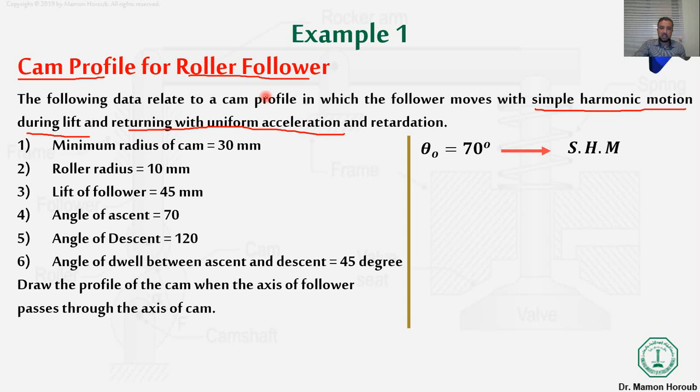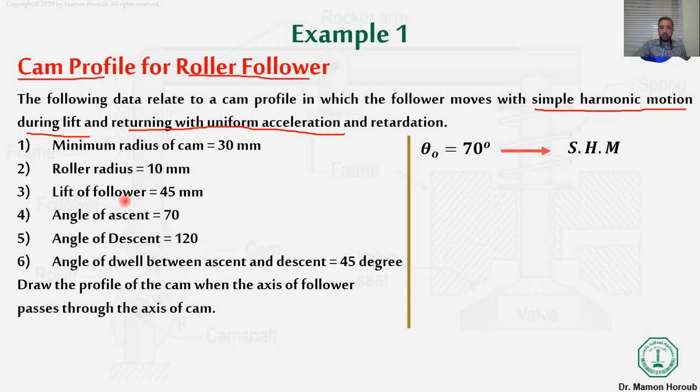So in its return, or the descent period, we will have a uniform acceleration, or what we call retardation. We have different data: the minimum radius of the cam is 30 millimeters, and the roller radius, because we have a roller follower, is equal to 10 millimeters.